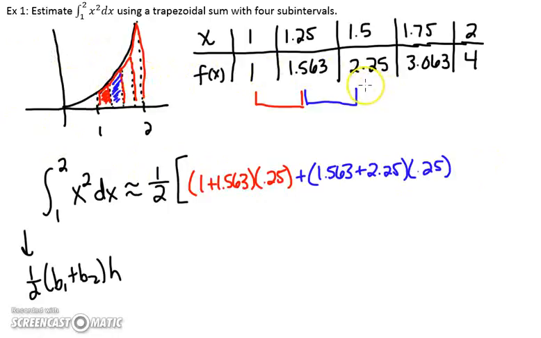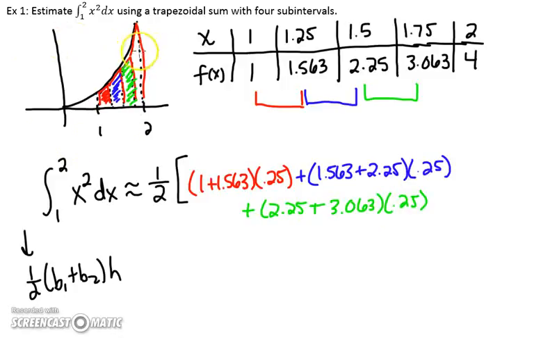If we think about this third one, it's going to be this little trapezoid here. So again, the 1/2 has already been factored out. Let's go ahead and finish writing this down here. The sum of the bases, so we're going to have 2.25 plus 3.063 times the height, once again, is going to be 0.25.